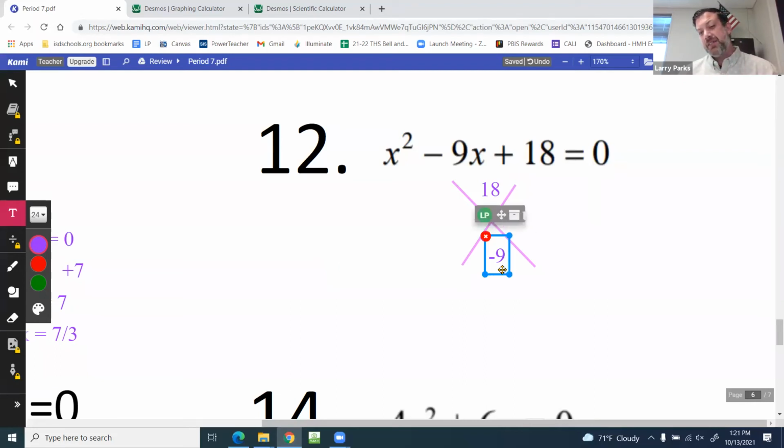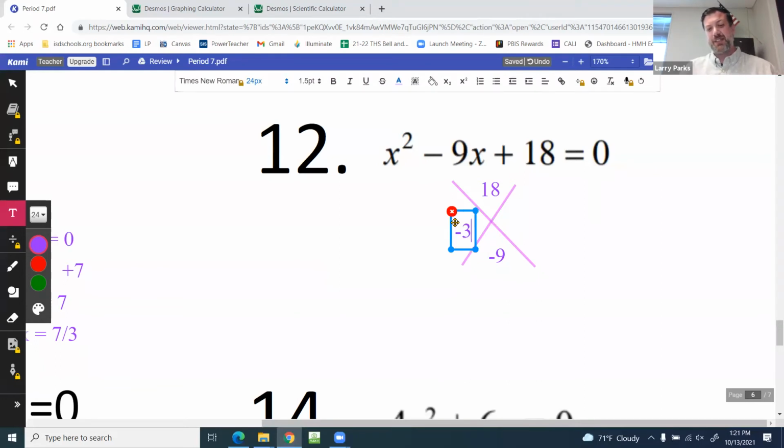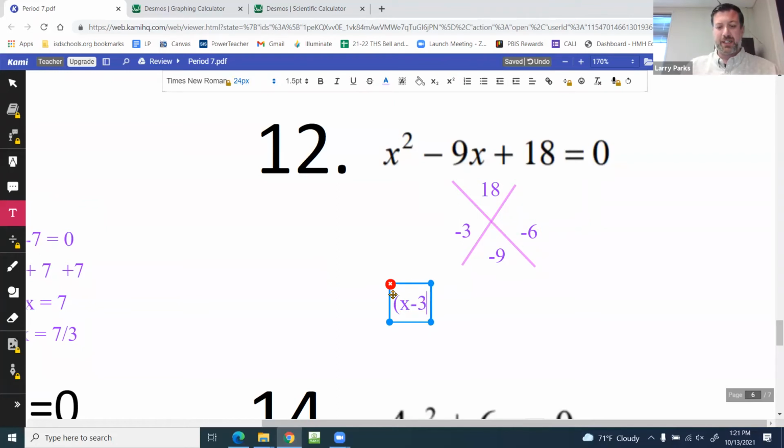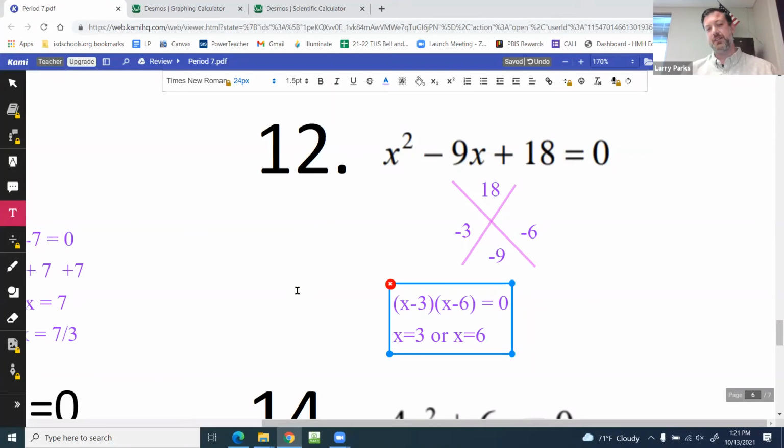But we want negative 9, so that'd be negative 3, negative 6. Negative 3 times negative 6 is plus 18. Negative 3 plus negative 6 is negative 9. So I get x minus 3 and x minus 6. What are the solutions? What are the x-intercepts? It'd be x equals 3 or x equals 6. So that means if I were to type this into Desmos, the x-intercepts are 3 and 6.